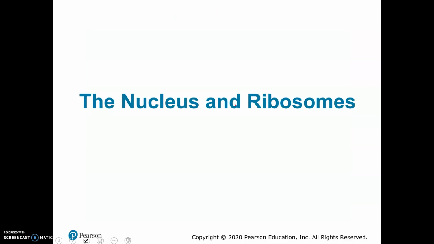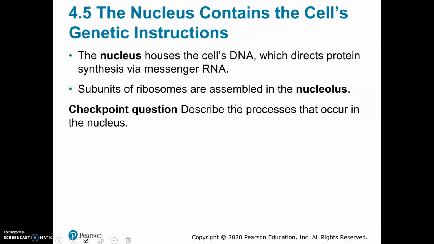So let's start talking a little bit about the different cell parts. We're going to start with the nucleus and the ribosomes. The nucleus is where the DNA is located. You may remember that DNA is associated with heredity. But really, the DNA is directions for all the proteins that your cell is ever going to build.